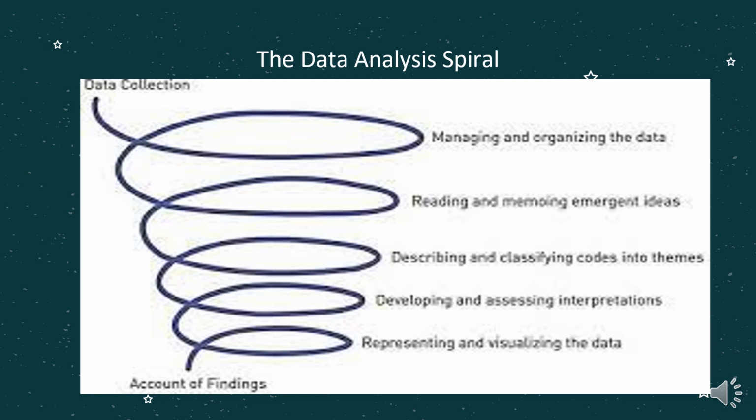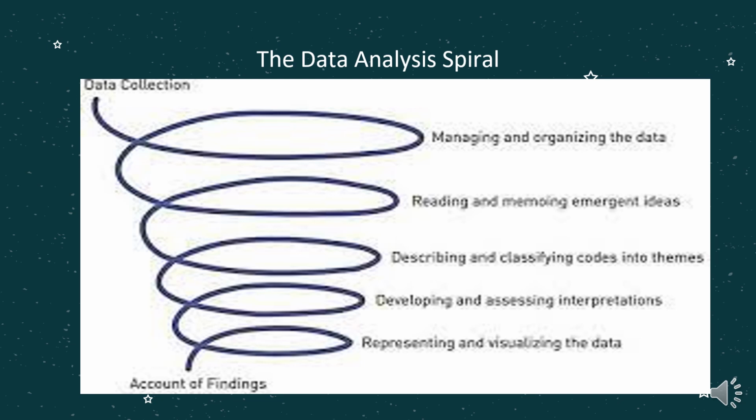The spiral begins with organizing the data, reading and memoing it, and then moves to classifying the data into codes, interpreting it, and creating visual representations. So to analyze qualitative data, researchers engage in the process of moving in analytic circles rather than using a fixed linear approach.